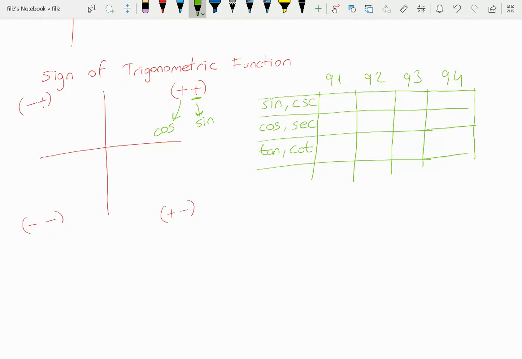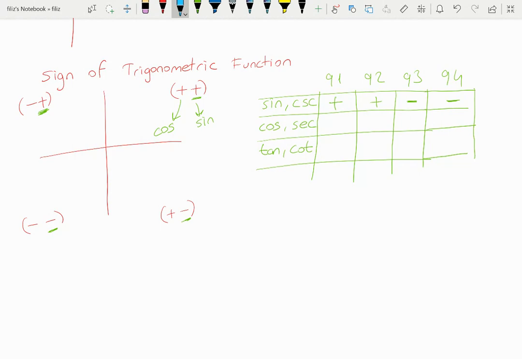In the first quadrant sine is positive, and cosecant has the same sign as sine. In the second quadrant, the sign is again positive. In the third quadrant, negative. And in the fourth quadrant, negative.